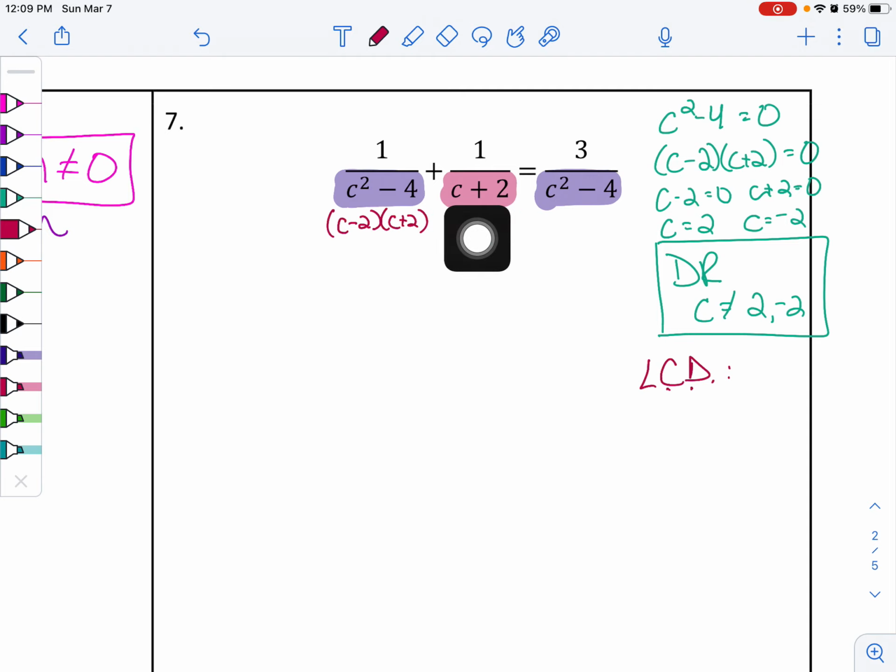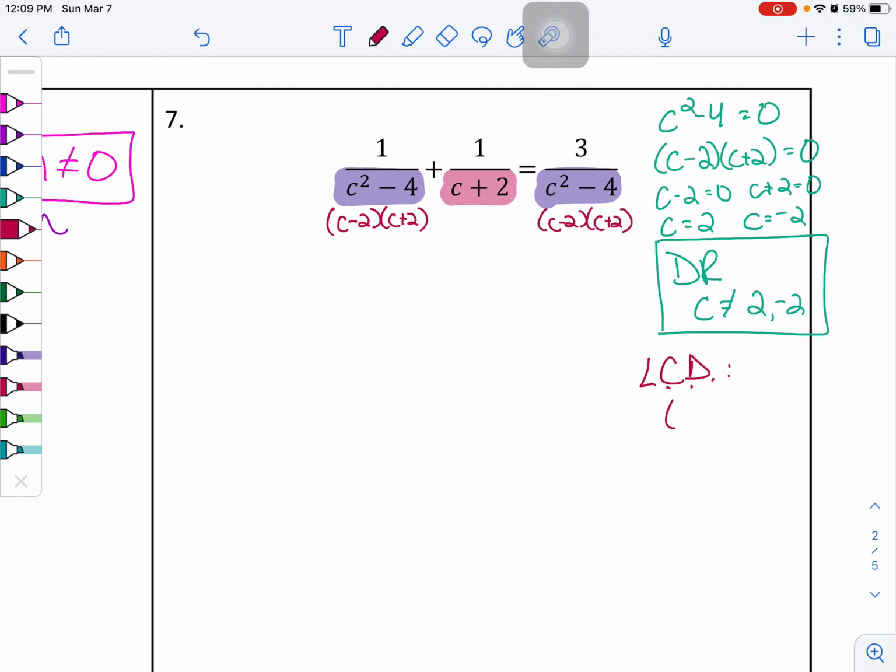LCD, let's get the L first. All right, LCD. So if I look at my factors here, this is c minus 2, c plus 2. I already have c plus 2 here, and then this is a duplicate of c minus 2, c plus 2. So if I look at my LCD, I have the factor of c minus 2, which would take care of this factor and that factor.